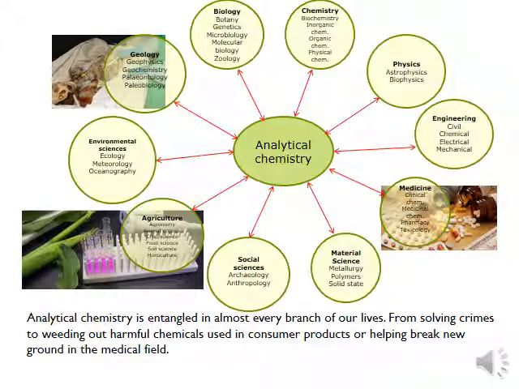So these are the applications of analytical chemistry in almost all branches of our life, almost all categories. Analytical chemistry is used in environmental sciences, in geology, in biology, in chemistry, in physics, in engineering, medicine, material science, and many more.